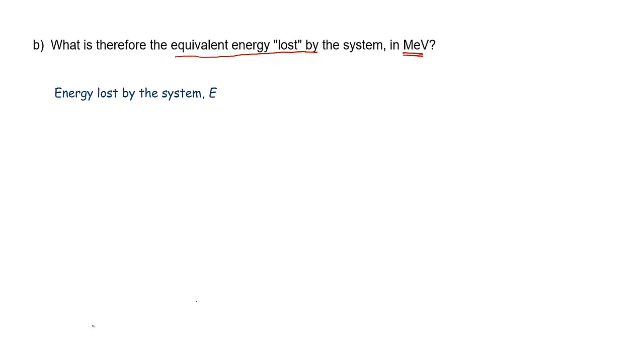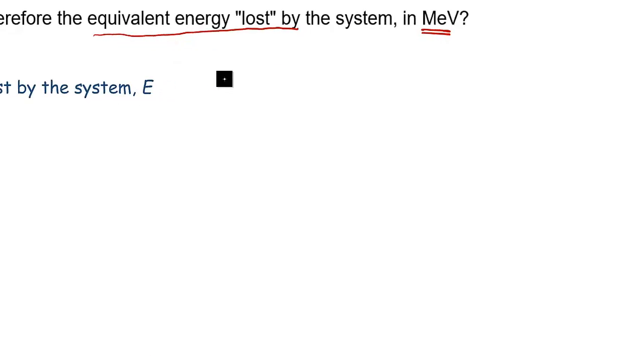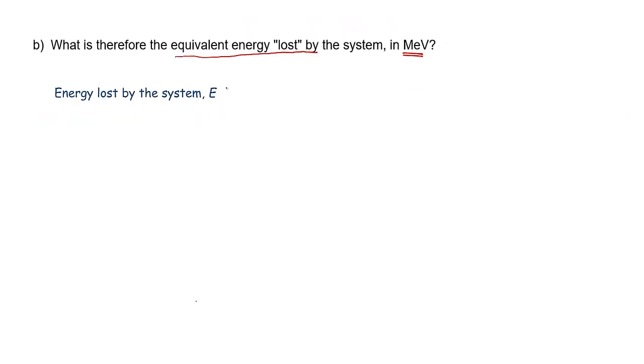To find the energy lost, I need to convert the mass that we found earlier to energy, and we're going to draw on Einstein's mass-energy equivalence, E equals mc squared. The mass here is the mass loss that we calculated in part A.